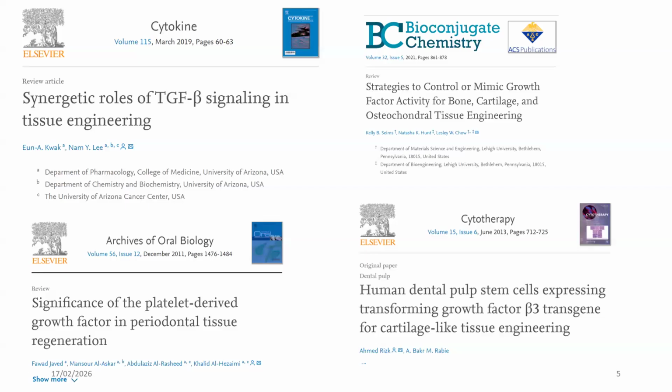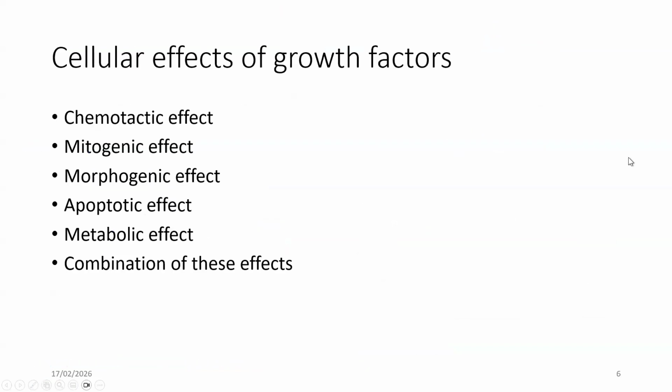They can change the morphology. They can be chemotactic. They can be metabolic. They can be apoptotic, or they can cause cell death, and can be a combination of these. Like I said earlier, growth factors can have a chemotactic effect, so they can ask cells to chemically change these markers.